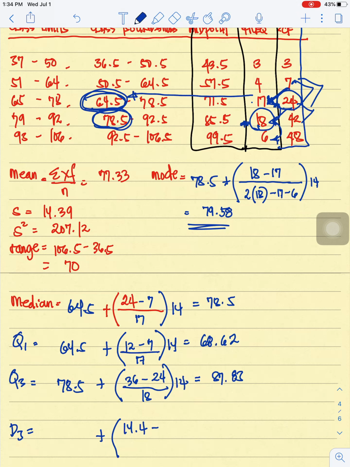So this will be minus 7 divided by the frequency below, that is 17, times 14, the class width, plus the lower class boundary at the frequency row. We have 64.5. So this is equal to 70.59. In computing for the quantiles, you use this process.